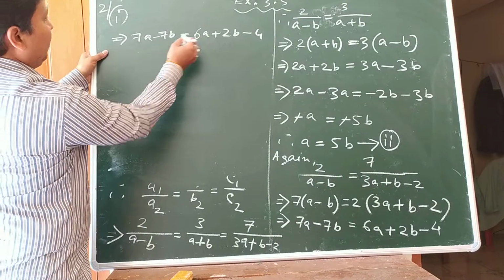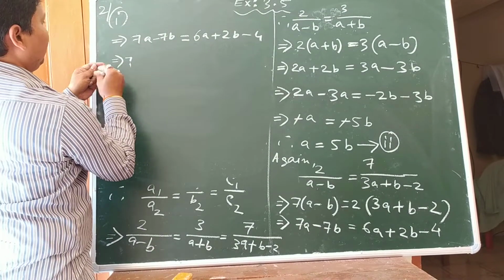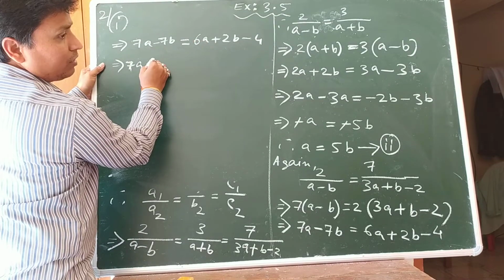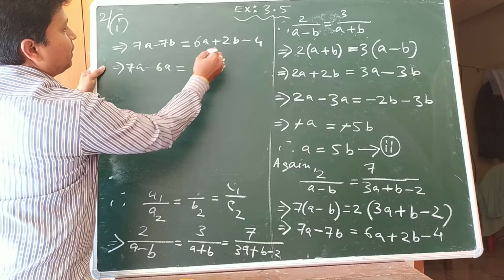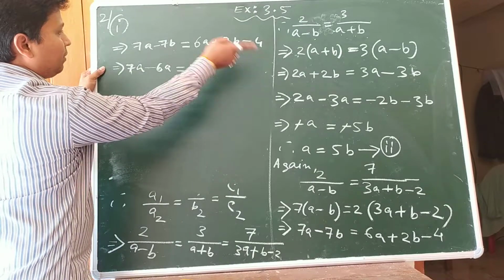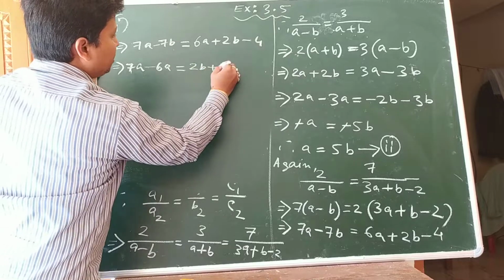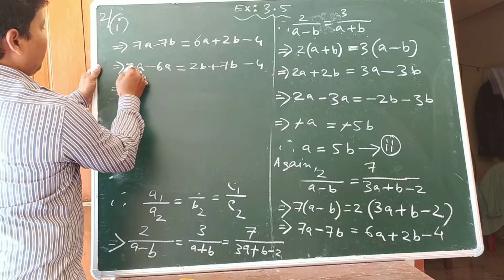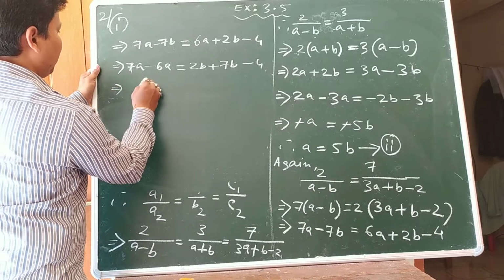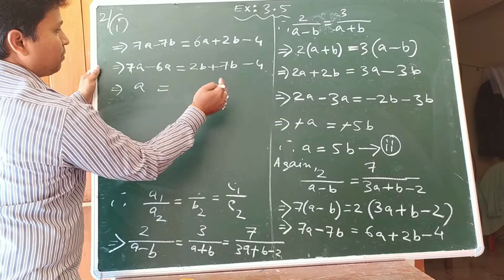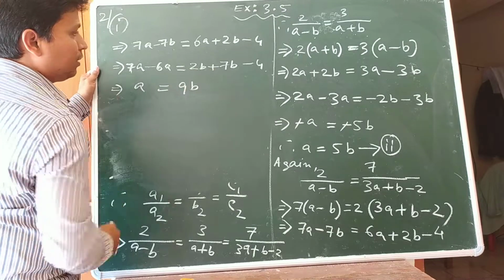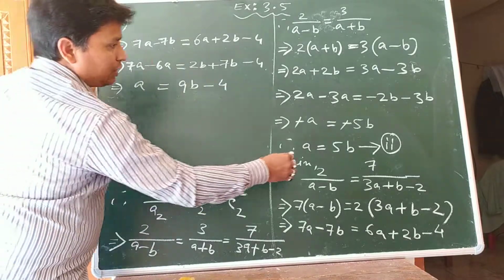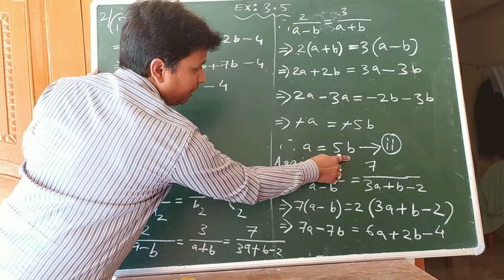The a terms you bring to the same side, 6a to the left side, and the 7b shifted to the right side, then the sign will be changed. 7a minus 6a equal to 1a, equals 7 plus 2, 9b minus 4.